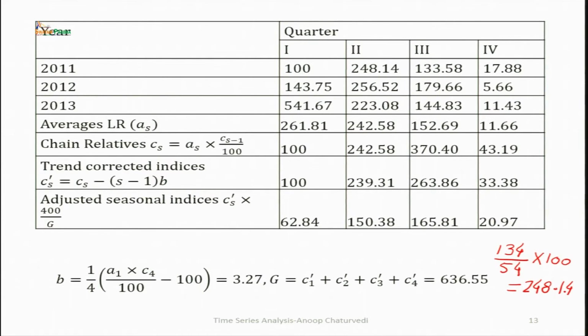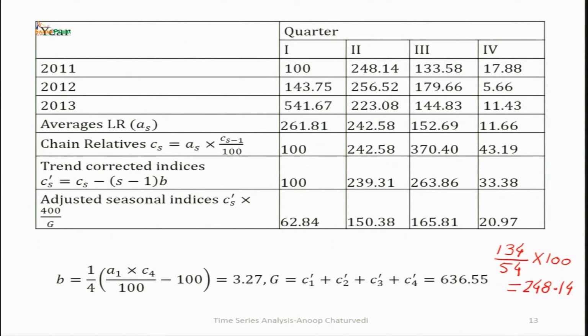We take the average of linked relatives for the first quarter, which is 261.81. The average of linked relatives for the second quarter is 242.58. The average of linked relatives for the third quarter is 152.69 and the average for the fourth quarter is 11.66.